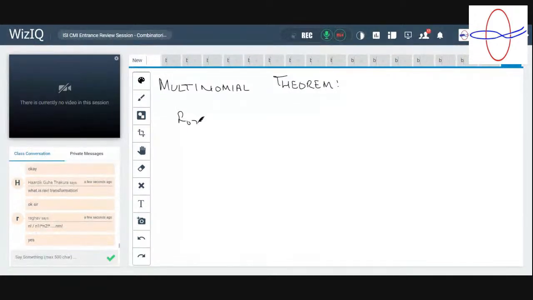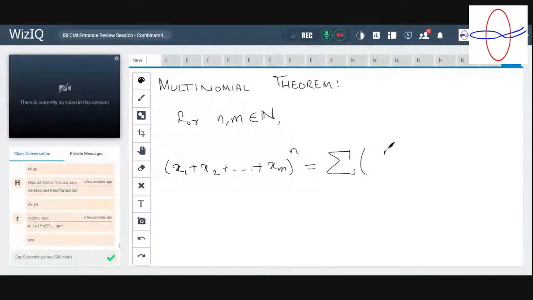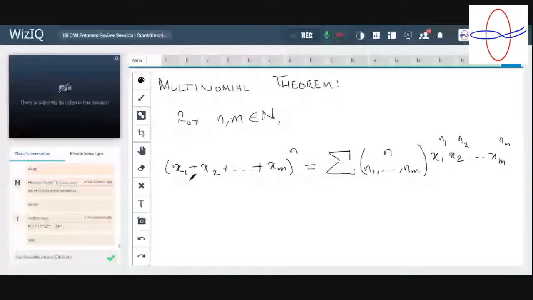This says that for m and n belonging to natural numbers, you can expand an expression of this type into this summation: x1 to the power n1, x2 to the power n2, so on, xm to the power nm. So now the question is, what is this summation over?